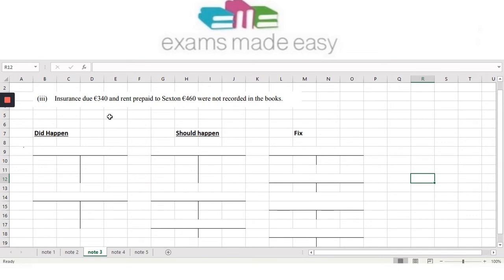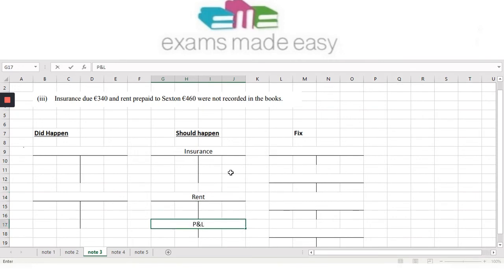Okay, so what we have here is insurance due and rent prepaid. These would both go into the balance sheet as current liabilities and not recorded in the books. They would obviously come off with profit. So what we're going to have is 3 accounts. We're going to call one insurance, one rent, and then one just P&L.